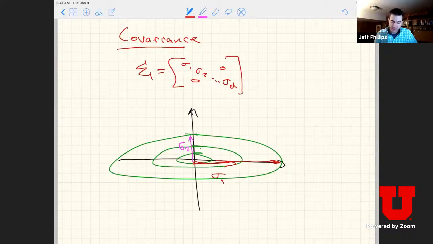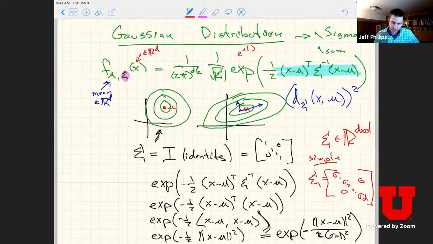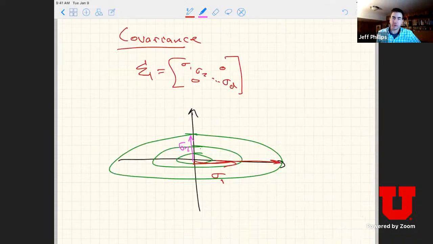But remember there's an inverse here, so I'm dividing by the stretch. That means the distance can actually travel faster in those directions.